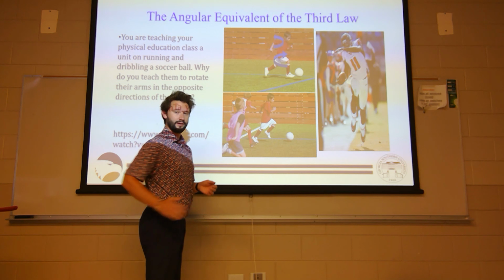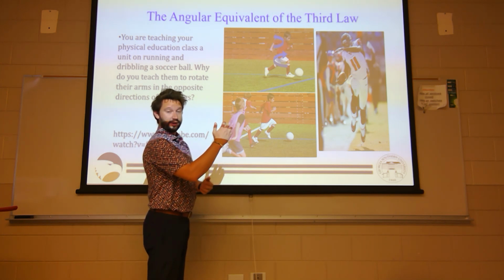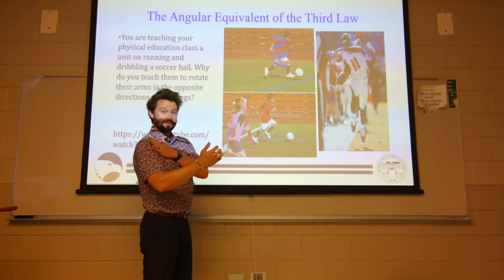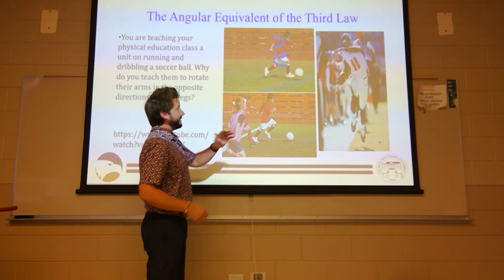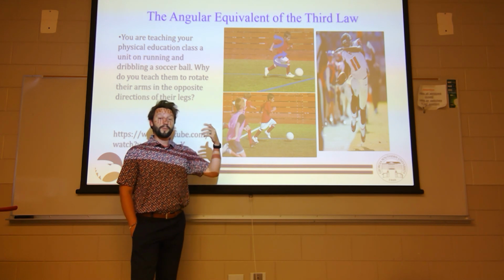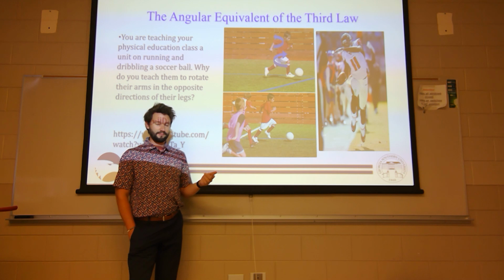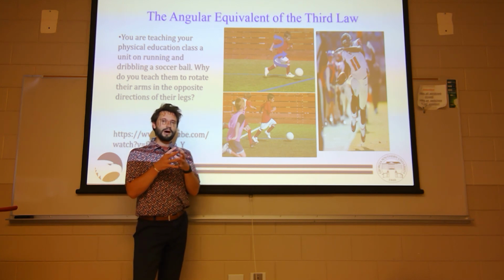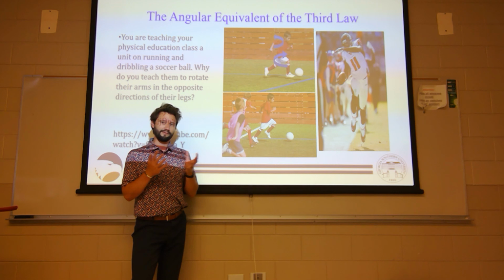Same with when you rotate the arm forward, you're going to get a rotational force backwards on the body. And so the reason you're taught to alternate arm and leg and pump the arms opposite is to try and counteract those big forces of the legs.